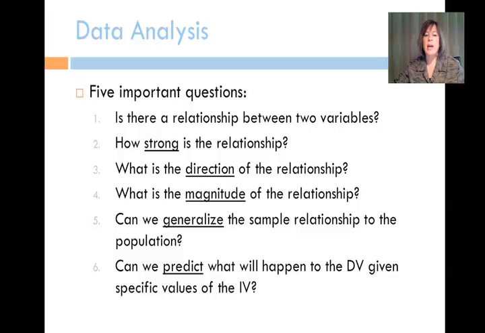And whether or not we can predict what will happen to the dependent variable given certain values of the independent variable, we can use inferential statistics to answer that question. But going back now to the first 3 questions, let's figure out how we're going to do that.